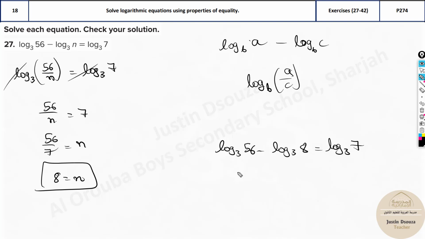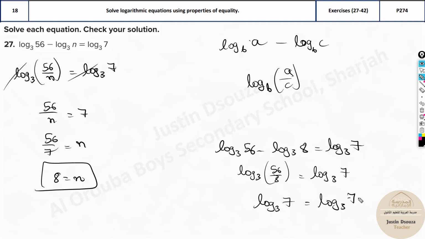Over here you have to use the property: log base 3 of 56 divided by 8 equals log base 3 of 7. What is 56 divided by 8? It is 7 itself. So this will be log base 3 of 7. This is not an extraneous solution. There is no undefined point of log. It's a correct solution, and the answer is 8.